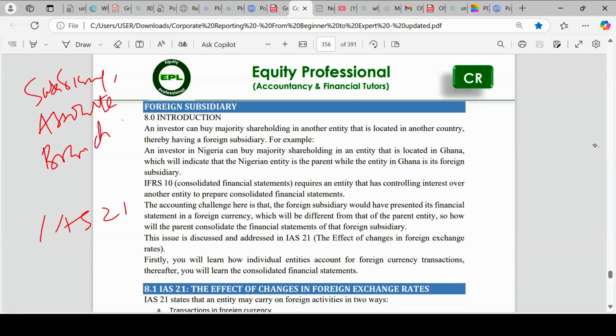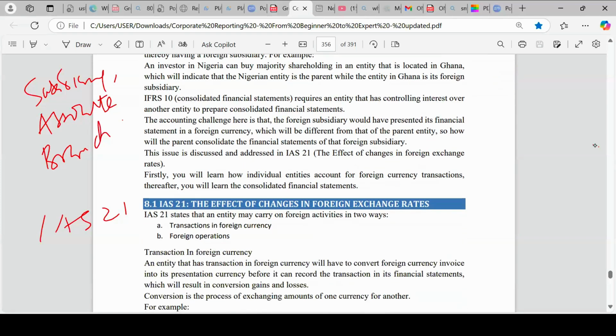All right, they gave an example, and then we're told the way IFRS 10 applies is that it requires an entity that has controlling interest over another entity to prepare consolidated financial statement. The immediate challenge that jumps at you will be how you're going to translate, or restate, the figures that you have in the financial statement of your subsidiary to the presentation currency of the parent.